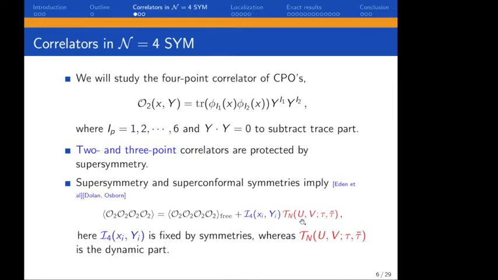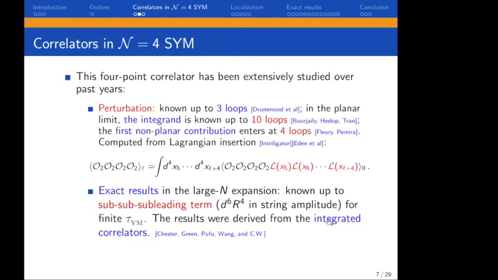Okay, so this is a function of cross ratios U and V, and it depends on the rank of the gauge group. Here we will just study SU(N) theory, and it also depends on the coupling, which I will write as a complexified coupling tau. Great. So what has been known about this correlator in perturbation theory? This was known up to 3 loops due to the work of Drummond and collaborators.